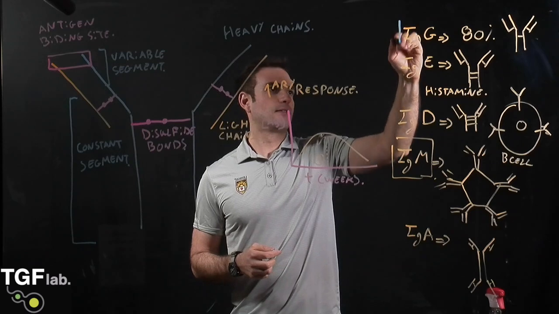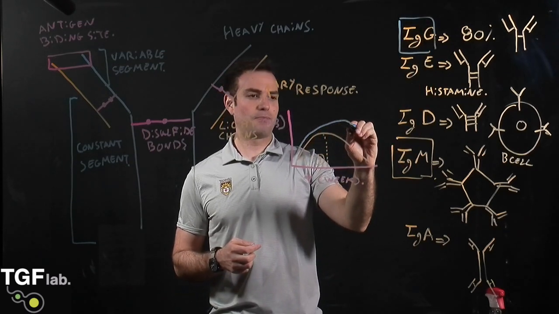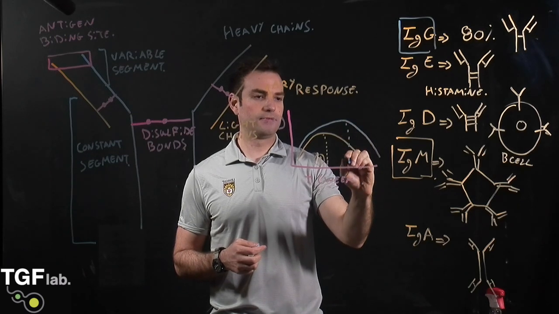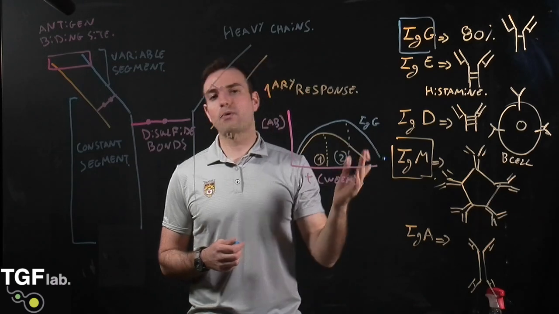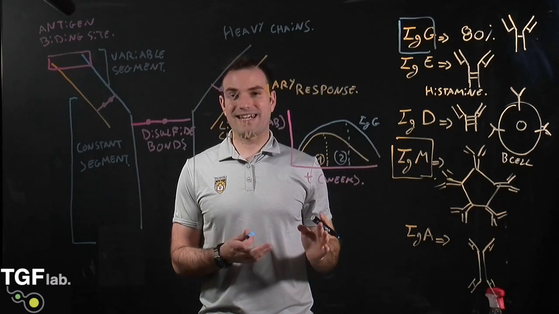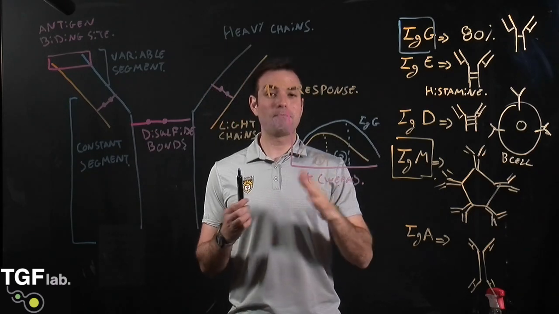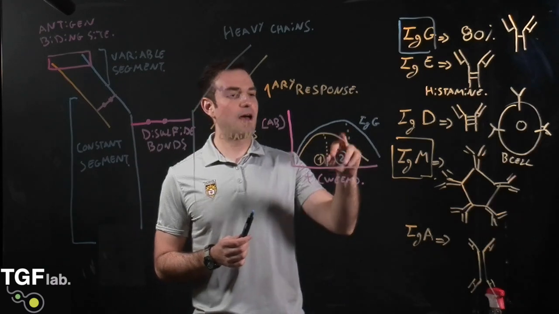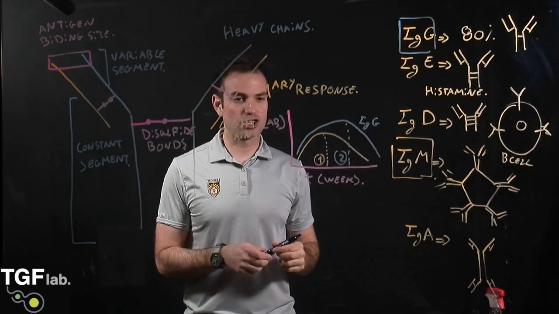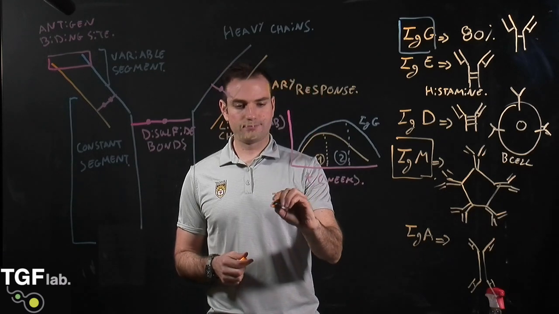And then after the IgM, we are going to have the production of IgG, which is going to peak around 2 weeks after the exposure to the antigen. This is why, for example, when we get vaccinated, the maximum efficiency to the exposure of an antigen happens after 2 weeks of the injection. And then also we have the secondary response.